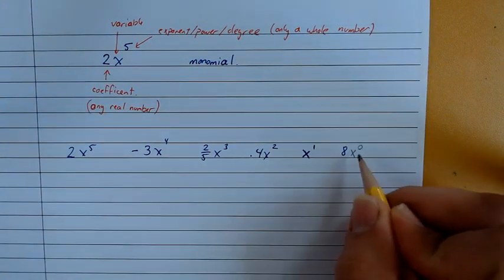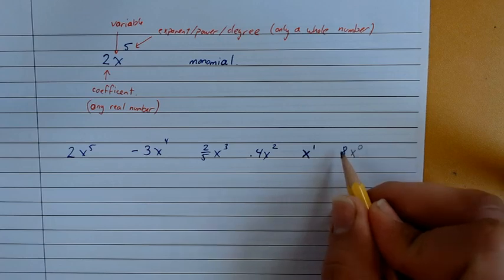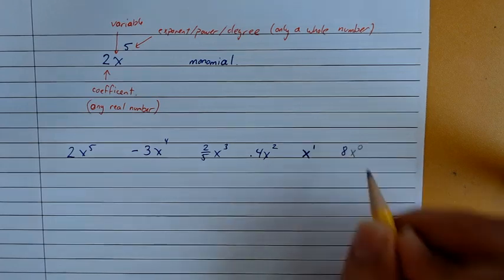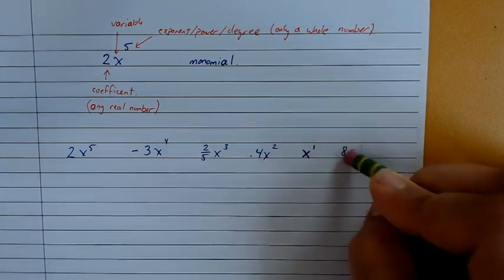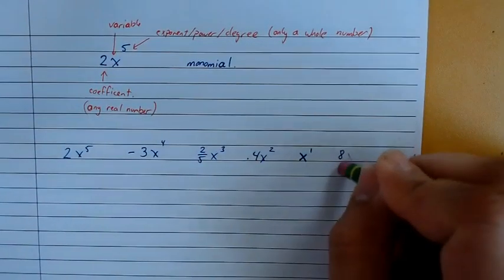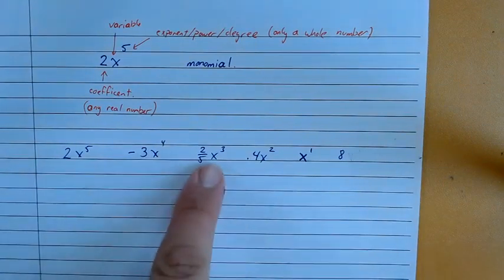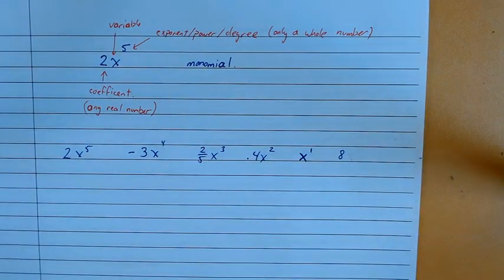And thinking back, we define x to the power 0 as the number 1. All right, so 8x to the power 0 is like saying 8 times 1, which would just be the number 8. So that means that the number by itself is considered still a monomial. All right, so here we have 1, 2, 3, 4, 5, 6 monomials.